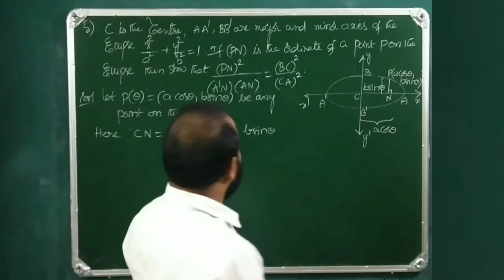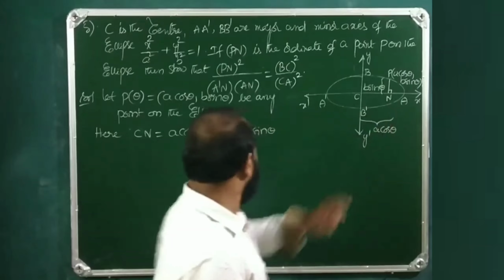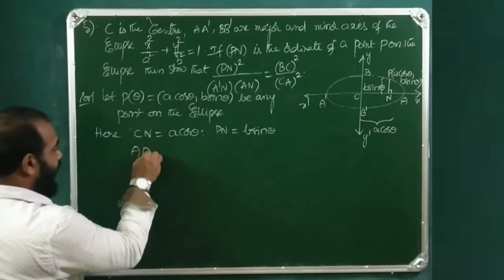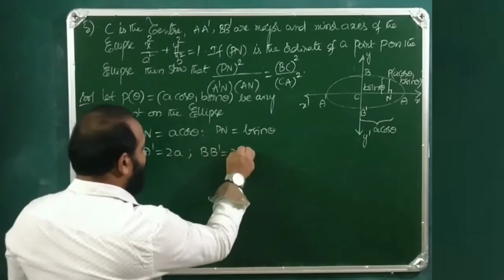Next step, A A dash is equals to 2A, B B dash is equals to 2B.